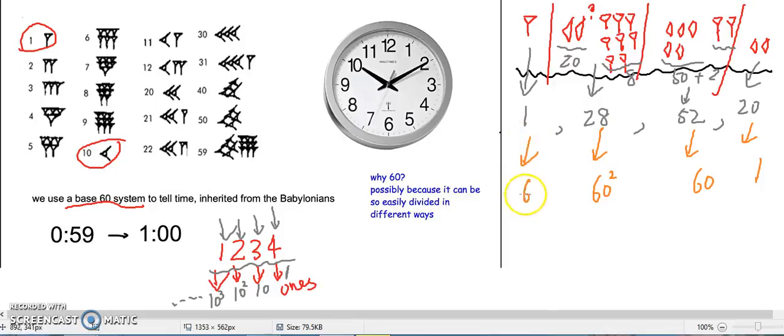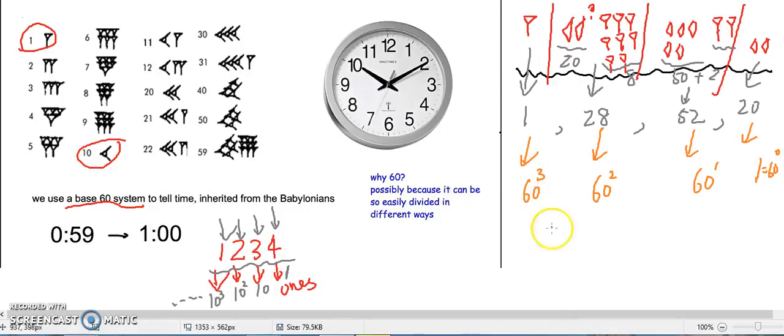So we increase the power of 60 from the first, second, and third power. And actually, the ones place you can consider, by algebra, as 60 to the 0, and any number raised to 0 is 1. Okay, so we have 1 of 60 cubed. Now we're going to multiply and add all of them together.